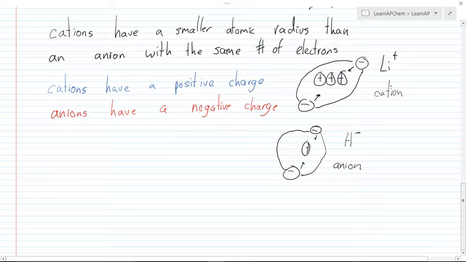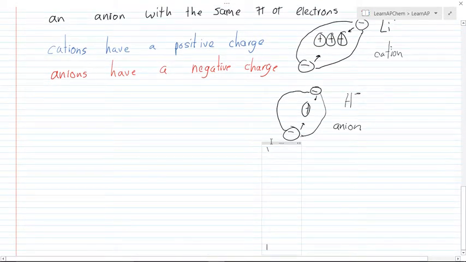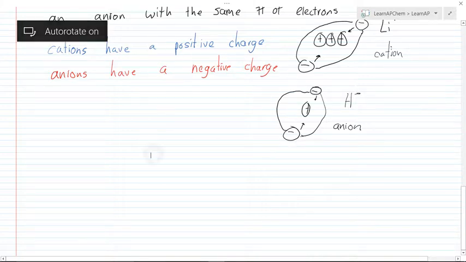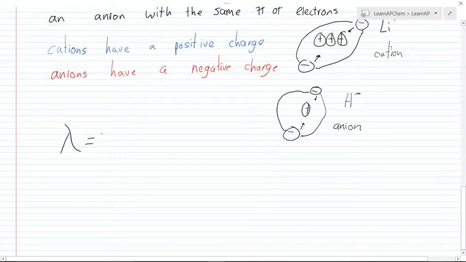Alright, so I didn't do a practice problem with wavelength and frequency, so I can do that real quick right now. Okay, so I told you that lambda, or wavelength, times v equals c.